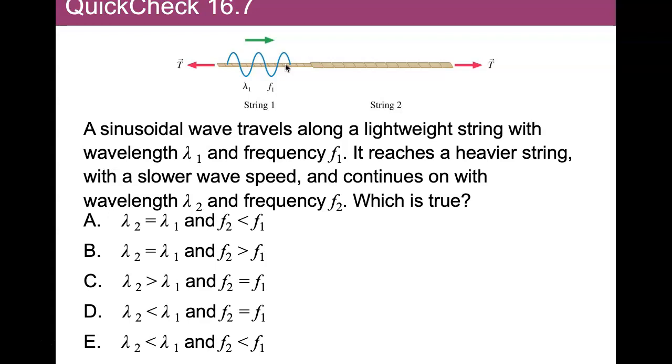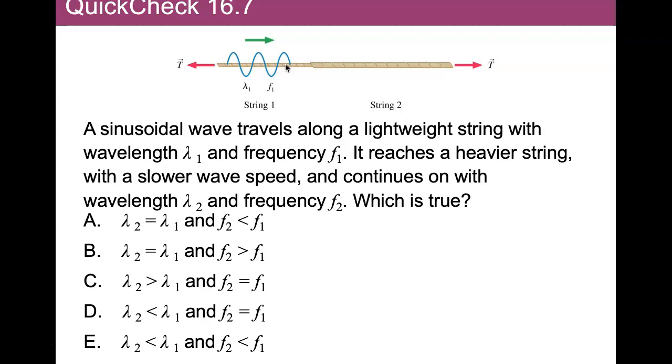Now, first let's think about the frequency, right? The frequency is how many oscillations the source is putting into this system per unit time, right?